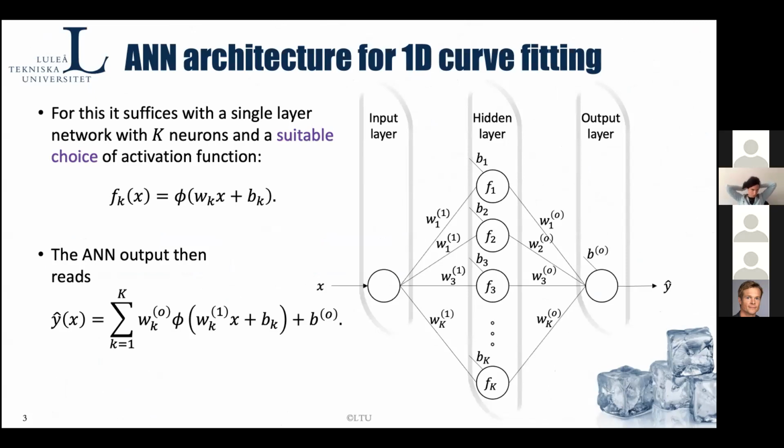Could be tangent hyperbolic or sigmoid. And from that, with this simple architecture, we get the ANN output mathematically formulated as this sum with the weighted output from each node and then adding the last little output layer bias to it.